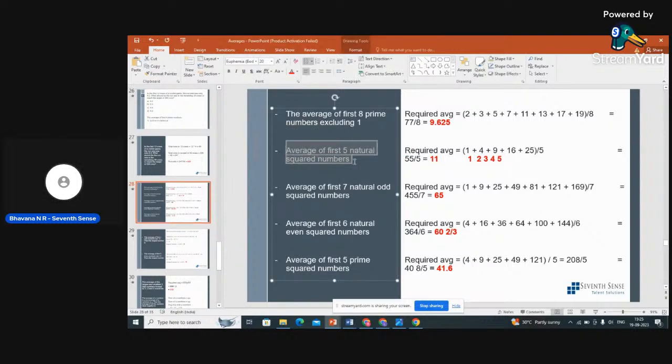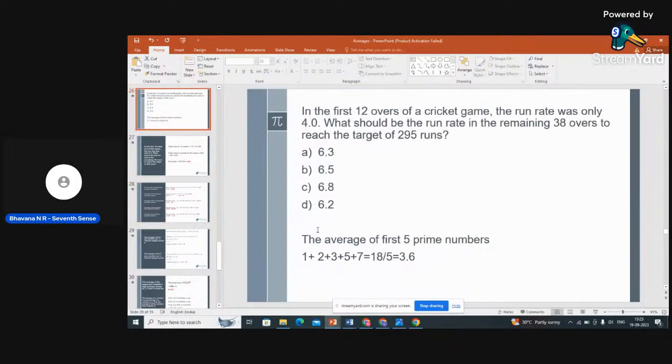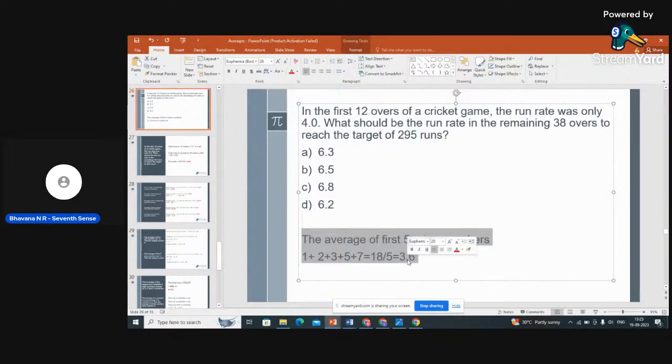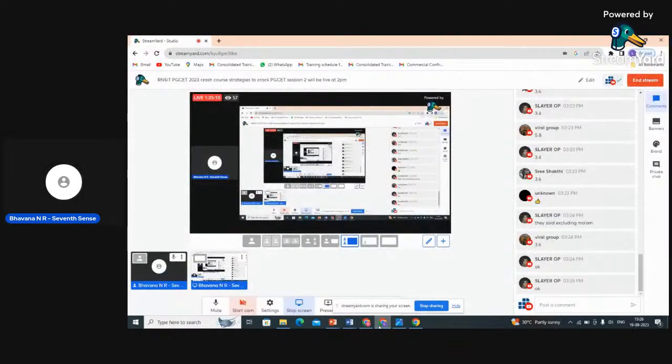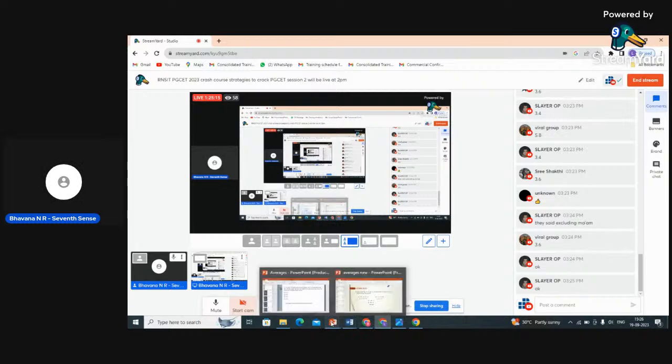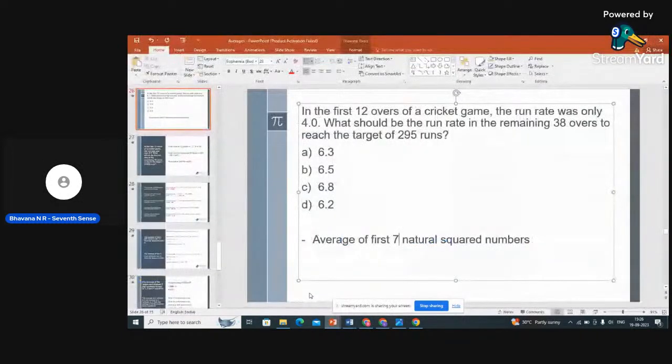Do it and drop the answers in the comment section.